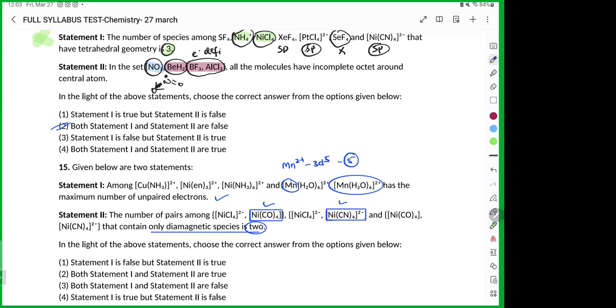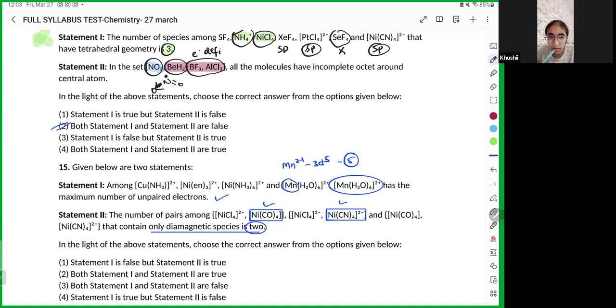What is this? And this, only 2 diamagnetic species. The second statement is correct.